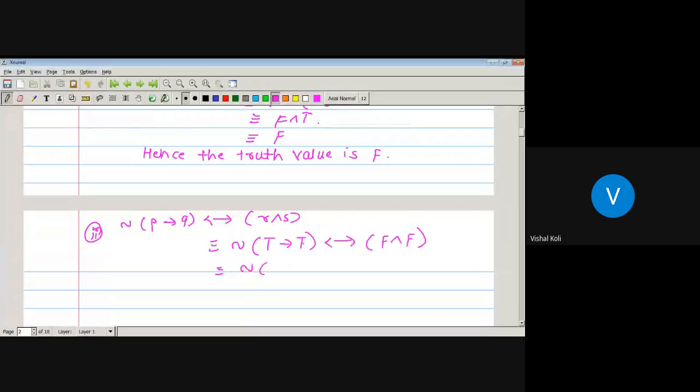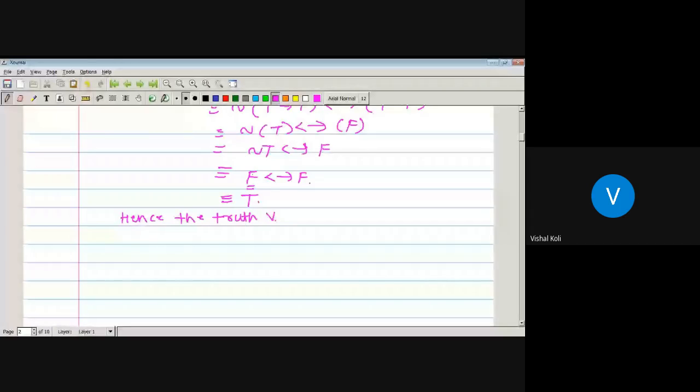Now T and P and Q, P implies Q, and in the corresponding the F false, Q is also true.